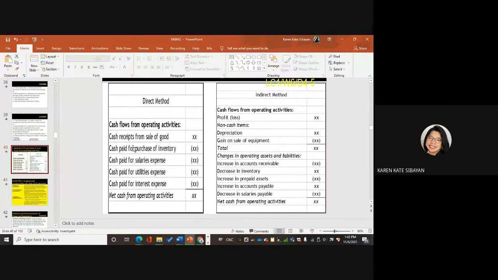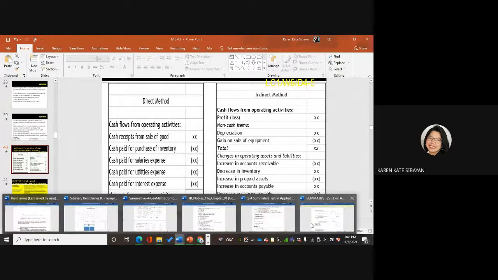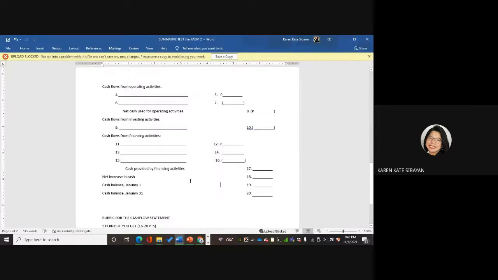So, ito yung kanina. We have different types of method. It can be direct method and indirect method. Meron ka ng cash provided by financing activities. Ibig sabihin, ito na yung result pag pinagsama-sama mo na yung 14, 12, 14, and 16. This is the result.